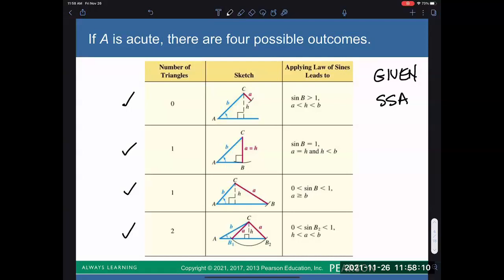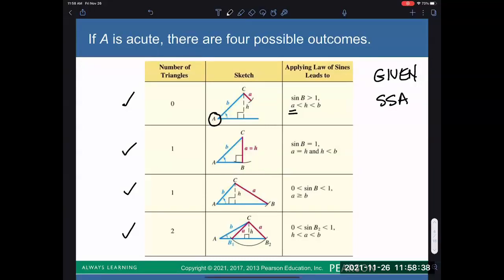So if they gave us angle B and sides B and C, then everything we just described would be about side length B compared to side length C, instead of using the letters we have here. When they're talking about A, it's because they gave us angle A, so we have to consider what angle they gave us and what side is opposite it.